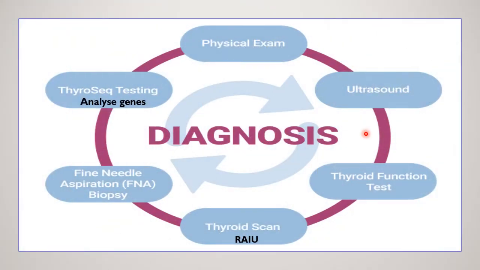This slide shows you the methods of diagnosing a malignant lesion in the thyroid. Of course, first of all is clinical, the history and physical examination of the thyroid gland, followed by ultrasound scan of the thyroid and thyroid function test T3, T4 and TSH.